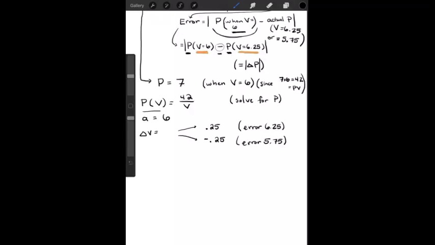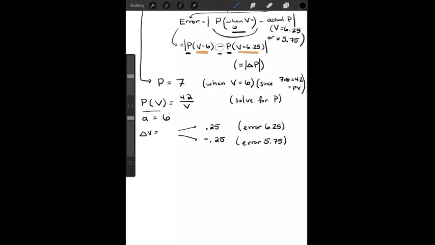Whereas getting to 6.25, we go up by 0.25. Getting to 5.75, we go down by 0.25. So the other way to write that would be saying that. You always want to put your other one minus your A to actually calculate what your delta is going to be.